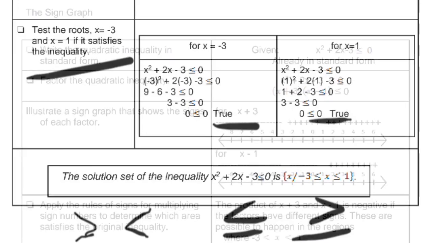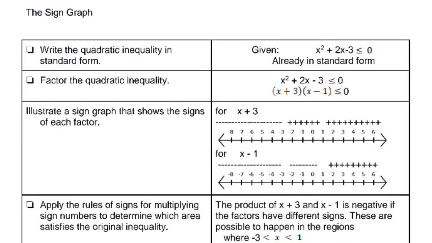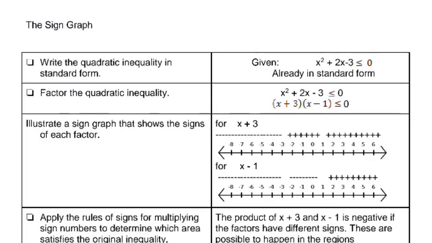Then let's have the second method, the sign graph. So the same: write the quadratic inequality in standard form, x squared plus 2x minus 3 lesser than or equal to 0. Then factor the quadratic inequality. So quantity of x plus 3 times quantity of x minus 1 lesser than or equal to 0. Applying multiplication of integers, multiplication of unlike signs will result to negative sign.